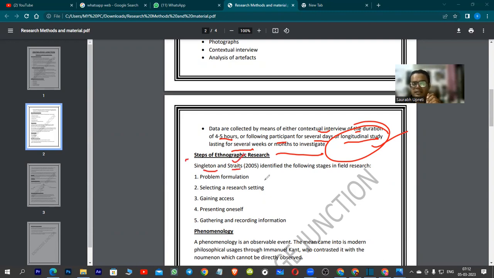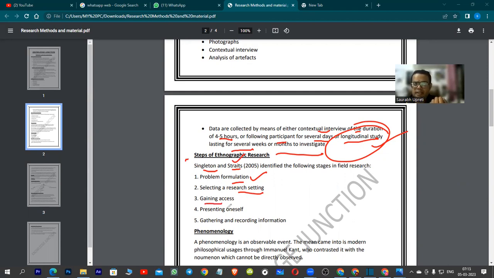Then the steps of ethnographic research are given by Singleton and Straits. These writers might be asked. The first is problem formulation, as is the case with many theories of research, or many methods of research, especially in English. Then research setting: you must find what is actually the research setting, and you must try to articulate that setting in your own words.